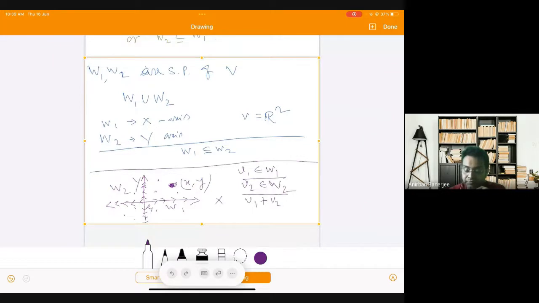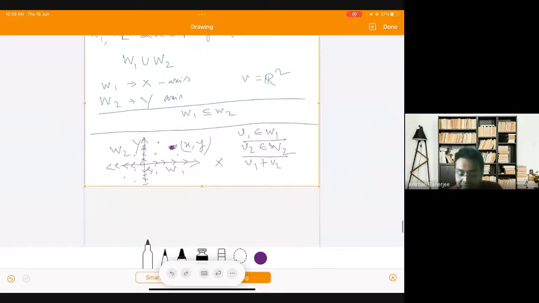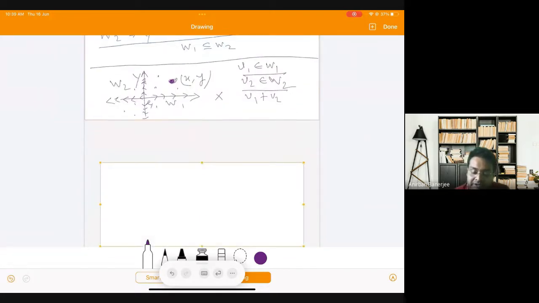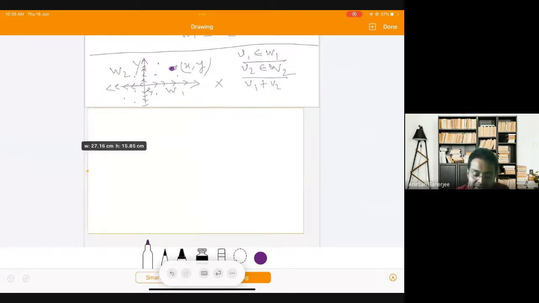But we can have these two vectors v1 and v2, v1 taken from W1 and v2 taken from W2, such that if we add these two vectors, then this vector can give my desired vector on the R2 plane.